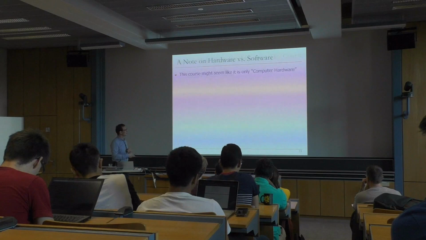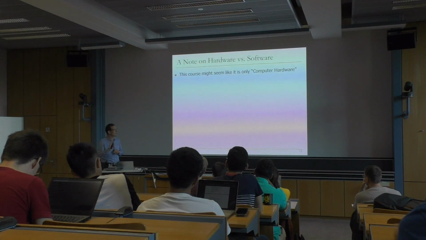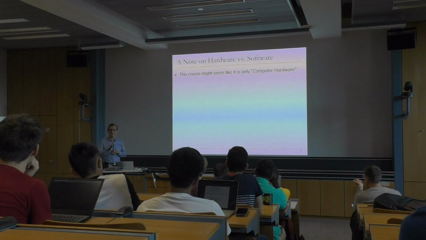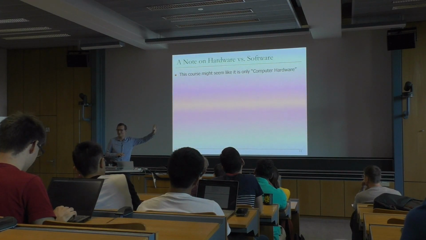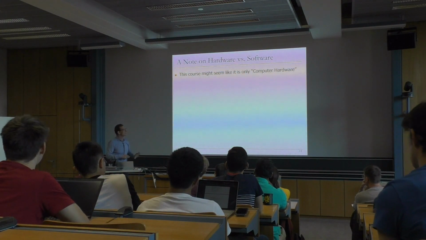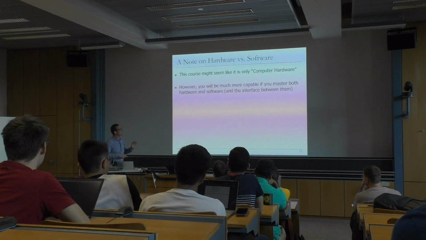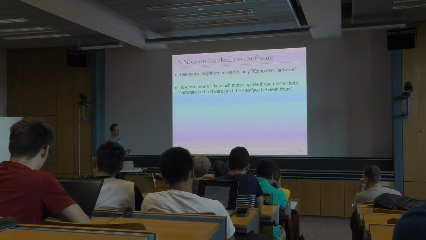And of course, computer architecture, that's the context. And as I said earlier, this course might seem like computer hardware. Whenever people think about computer architecture, it's interesting, people get different reactions. Some people think it's software architecture, which definitely is not what this course is about. But some people think this is completely computer hardware. And I don't like that thinking, because today, as we discussed last time, there's no hardware-software boundary.